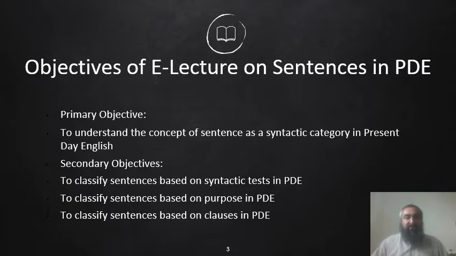The objectives of today's e-lecture are as under. The primary objective of our today's e-lecture is to understand the concept of sentence as a syntactic category in present-day English, and the secondary objectives are the classification of sentences based on syntactic tests in present-day English, classification of sentences based on purpose in present-day English, and classification of sentences based on clauses in present-day English.